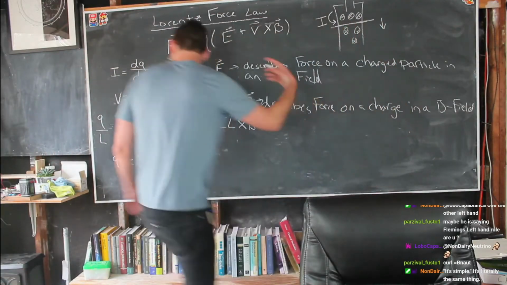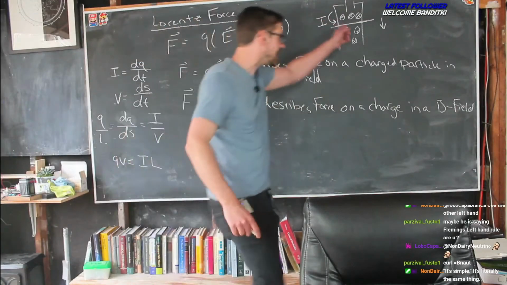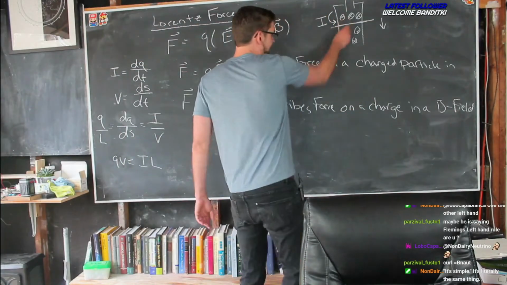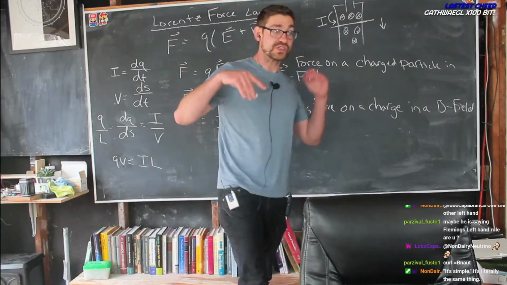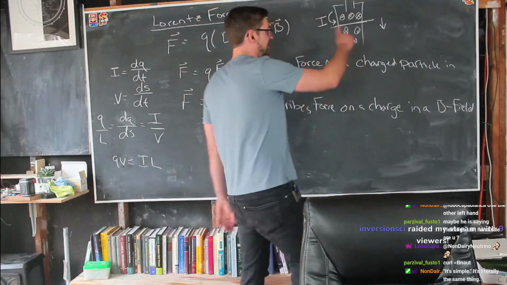So we can figure out that the force is going to push the bar this way. Now there's some things you can say about this. If the bar is sliding, then the magnetic flux inside this area is going to get larger, which means there's going to be an induced current that goes the opposite direction.